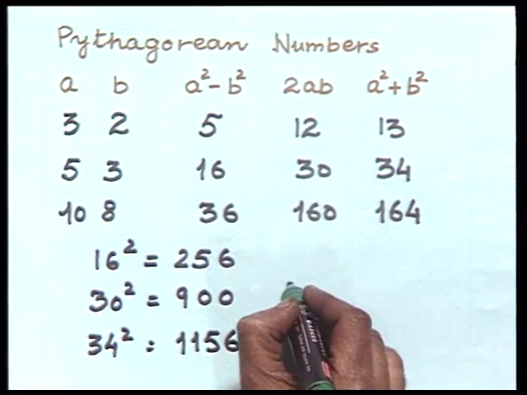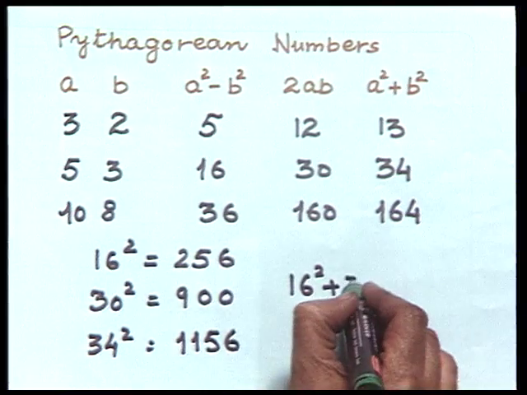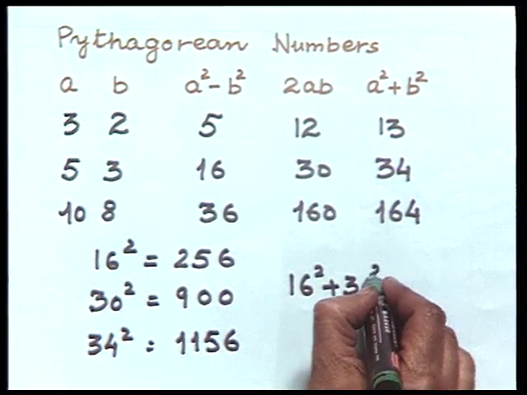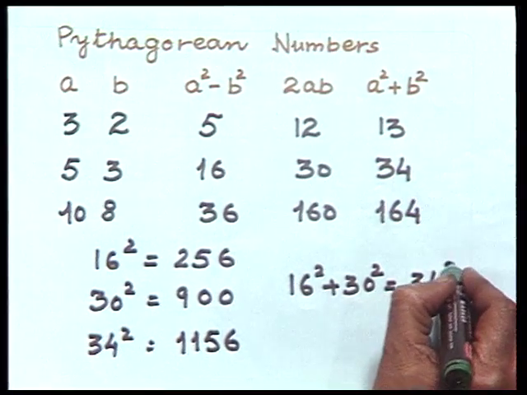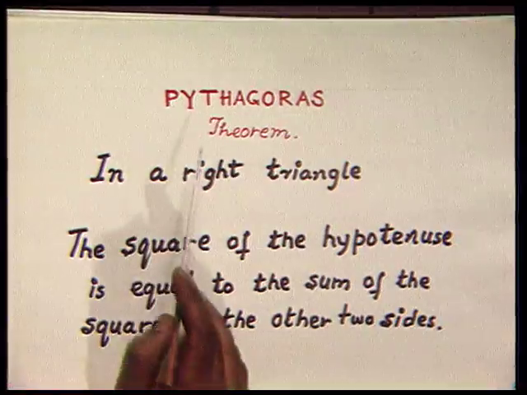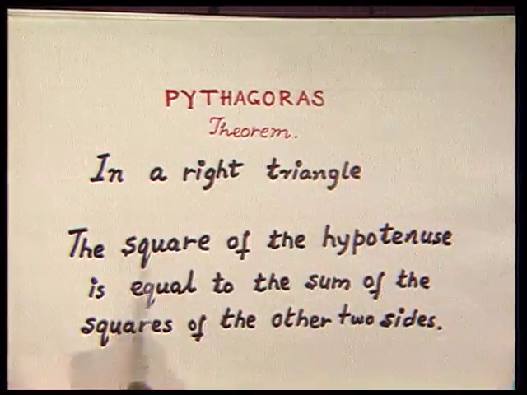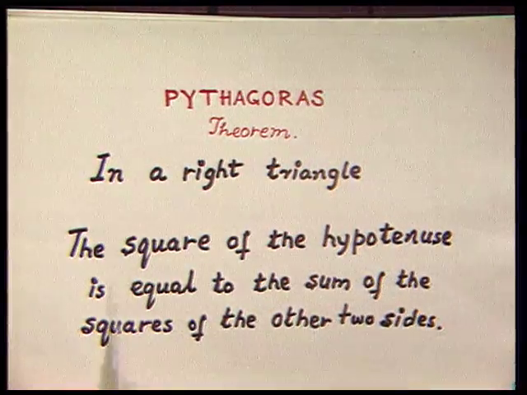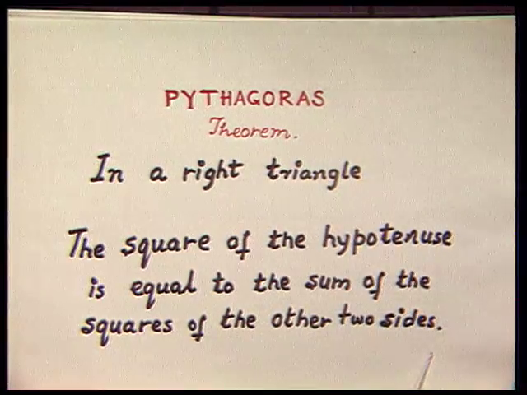And obviously, you find here that 16 squared plus 30 squared is equal to 34 squared. Now, let us read the Pythagoras theorem once again: it states that in a right triangle the square of the hypotenuse is equal to the sum of the squares of the other two sides.